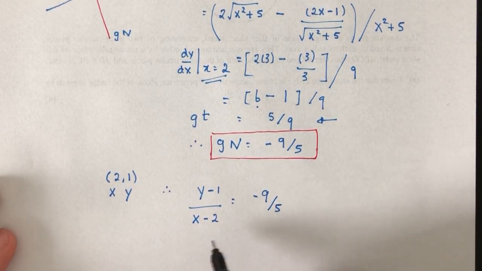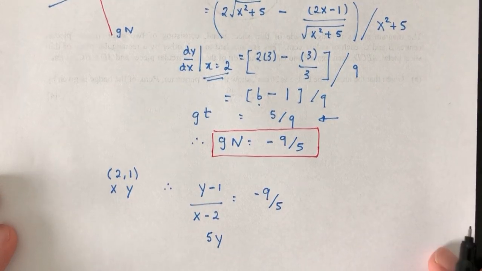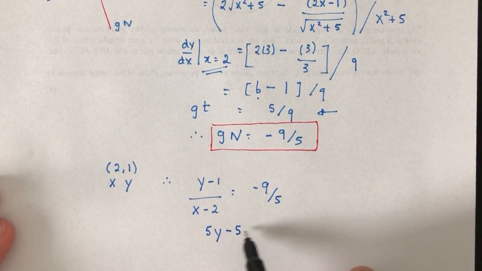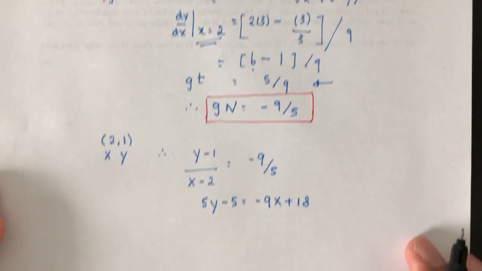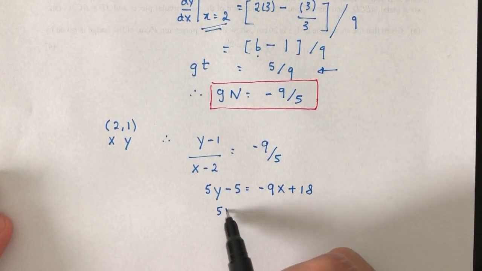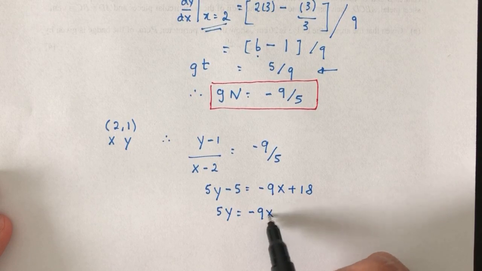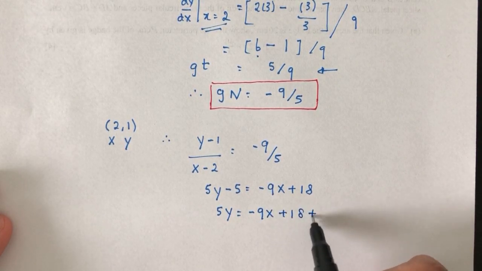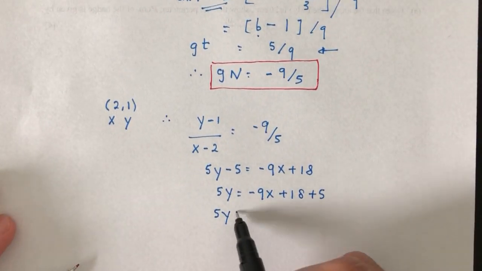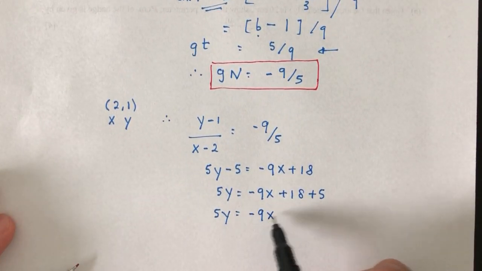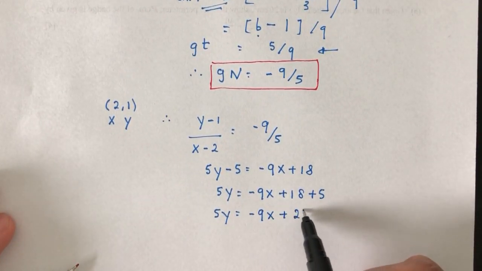So now we cross multiply, we will have 5y minus 5 equal to minus 9x plus 18. So simplify, 5y equal to minus 9x plus 18 plus 5. So 5y becomes minus 9x plus 23.